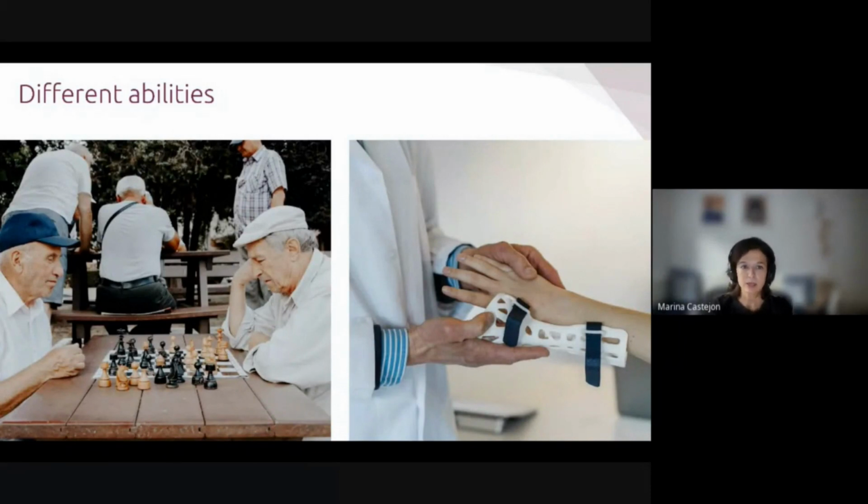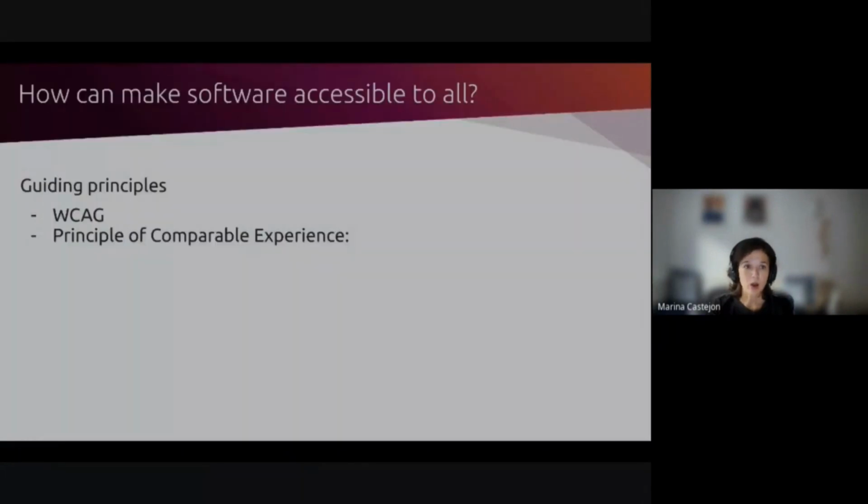And the way these people will use software will change because their needs and abilities will have changed, and therefore software design should adapt to them. And on the other hand, we have to take into account people with temporary, invisible, or contextual disabilities, and also neurodiverse people.